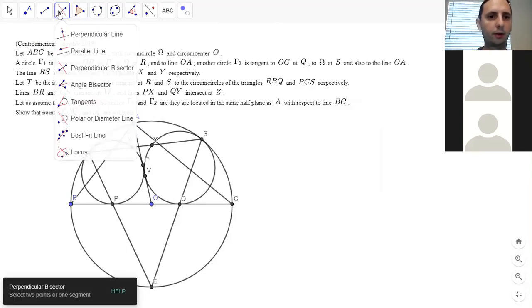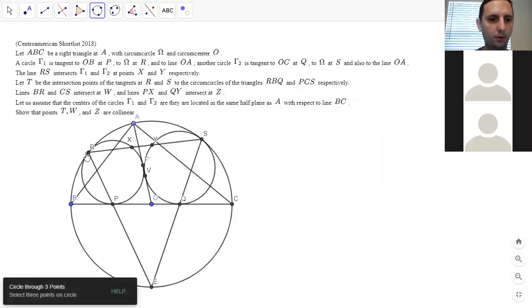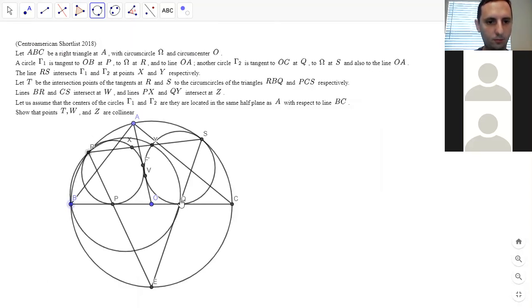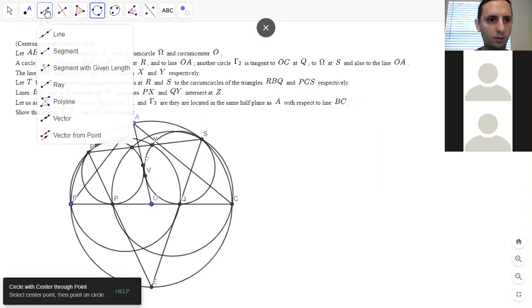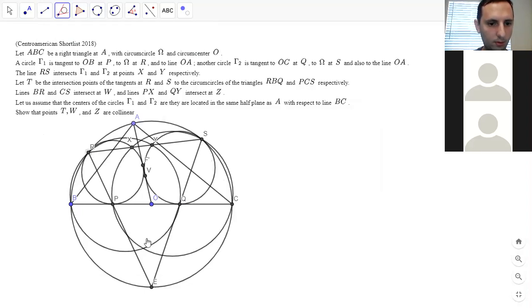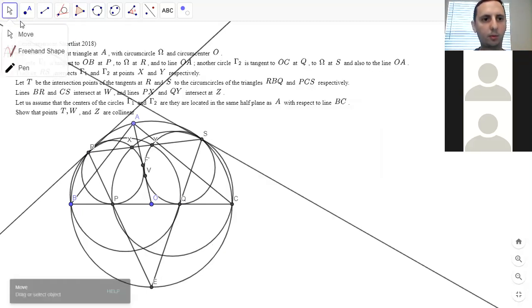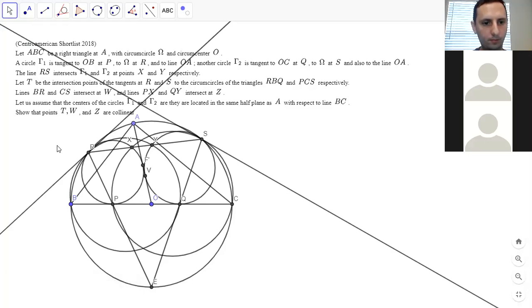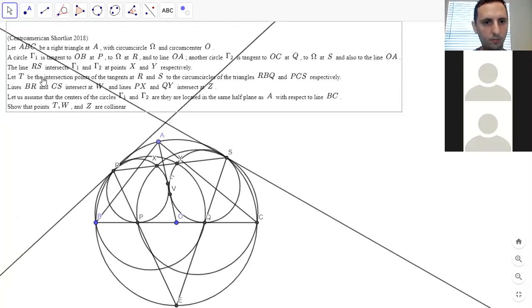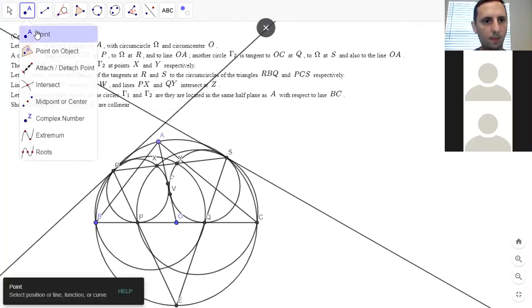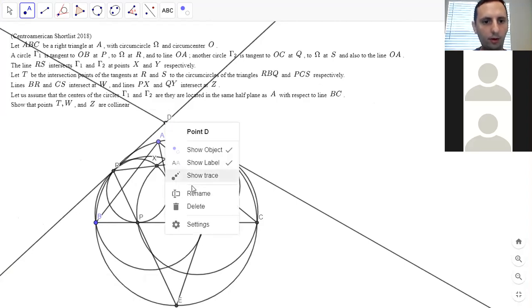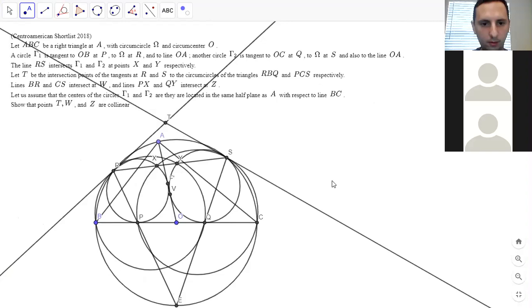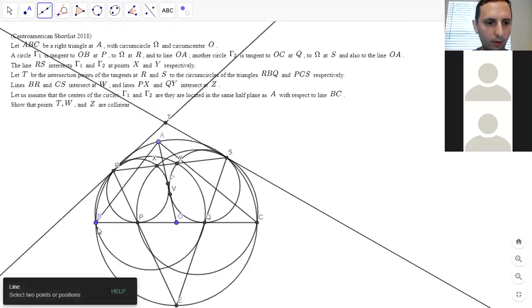Okay, so we draw the tangents at R and S to those circles, RBQ and PCS, and they meet at point T. And then lines BR and CS intersect at W. Okay, so we're gonna need more room here.